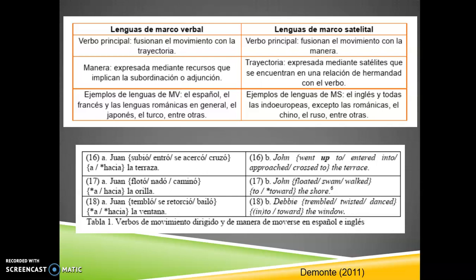John went up, entered into, approached, crossed to the terrace. Okay, manera expresada mediante recursos que implican la subordinación o adjunción. Flotó hacia la orilla. Okay, la trayectoria expresada mediante satélites que se encuentran en relación con el verbo. John floated, swam to the shore.